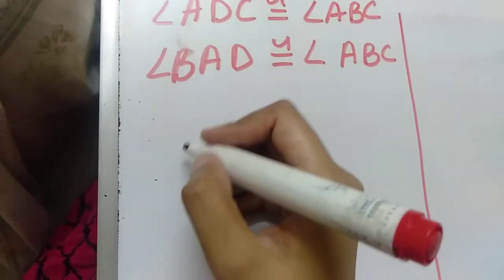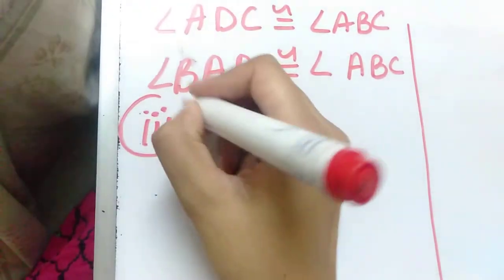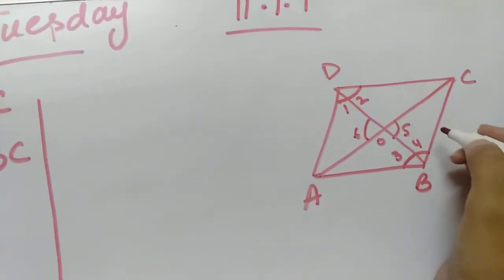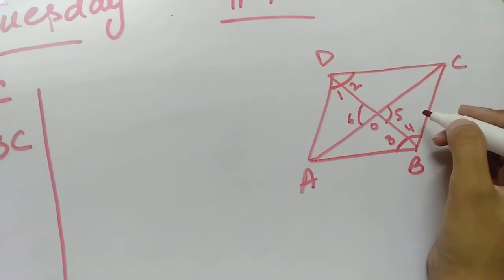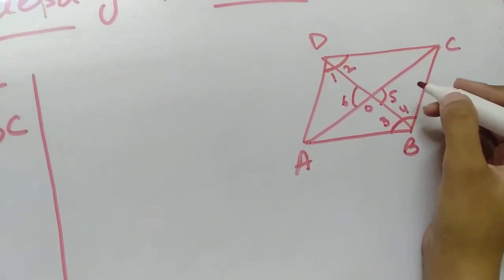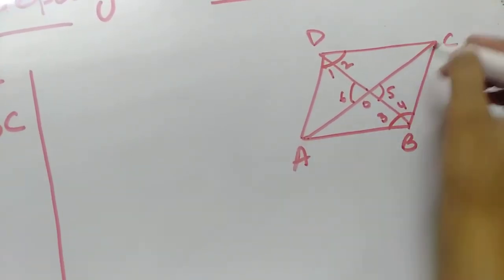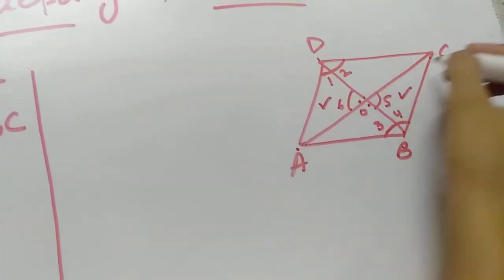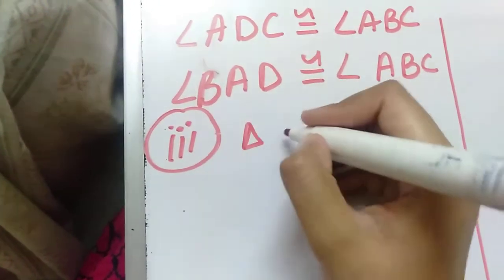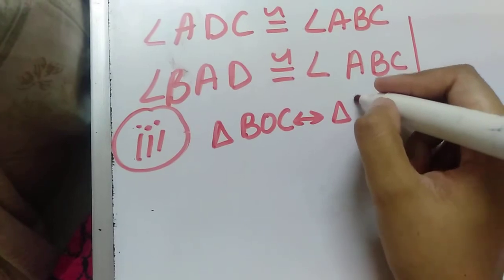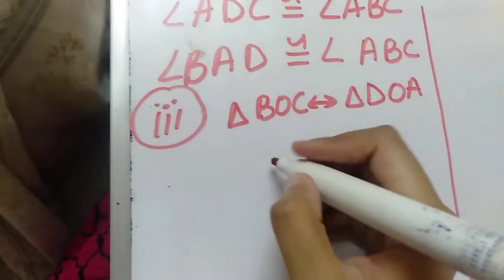Now we will talk about our third point, in which we have to prove the diagonals. So we want to take the diagonals. We will take the triangles which are forming the diagonals, BOC and DOA. We will compare triangle BOC with triangle DOA.